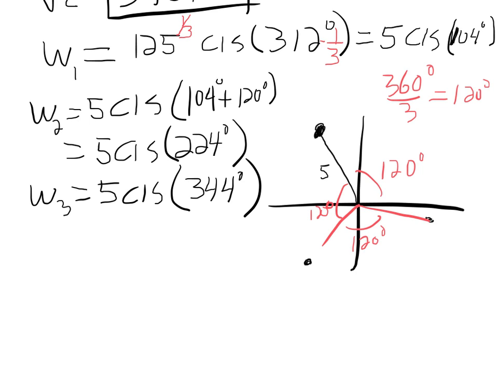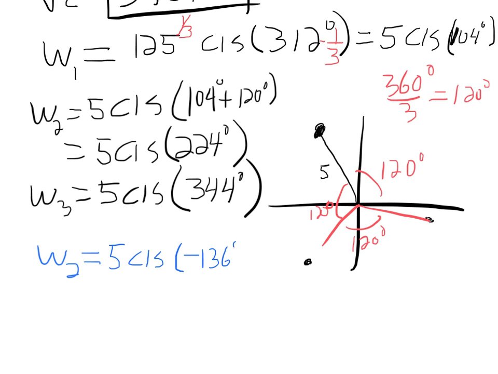Now some books don't want you to go over 180 degrees for whatever reasons, and so we would have to subtract 360 degrees from our previous two answers. And you'll know if this is the case for your book or not. So we would get w2 is 5 CIS, subtract 360 from 224, and it's negative 136.